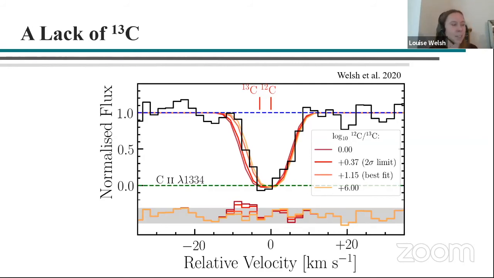So ideally we would target things with high carbon ratios and also very low oxygen to hydrogen abundances. That would be ideal, yeah. And in the future, if we start detecting DLAs with iron to hydrogen of less than -3, those would be perfect, as long as they weren't really turbulent.